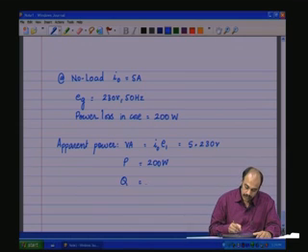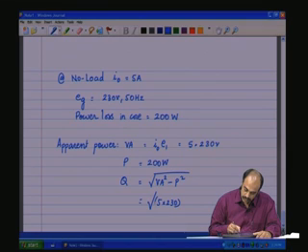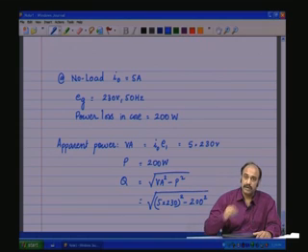Q is root of VA square minus P square, which will be root of 5 into 230 square minus 200 square. So, we have the Q.